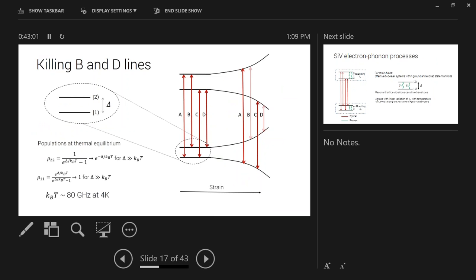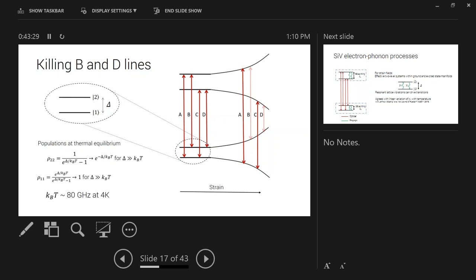What you're doing when you're applying strain and increasing this ground state splitting to massive values is you're affecting the thermodynamics of this ground state. At zero strain, when the splitting was 46 gigahertz, or let's say roughly 50 gigahertz, a useful number to compare that splitting to is kT at 4 Kelvin, which is 80 gigahertz.